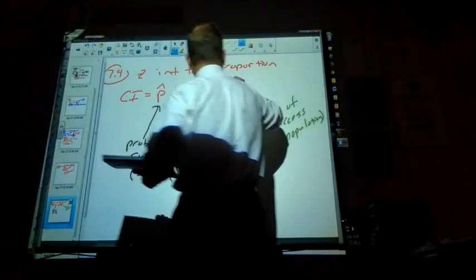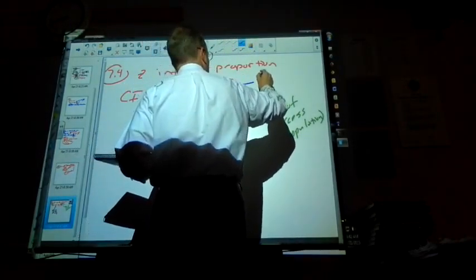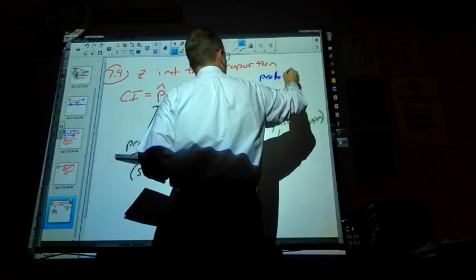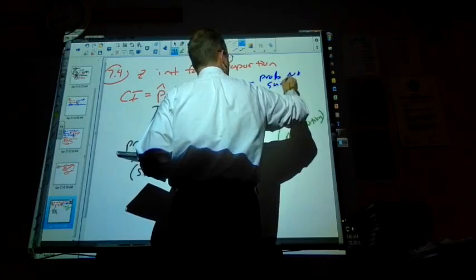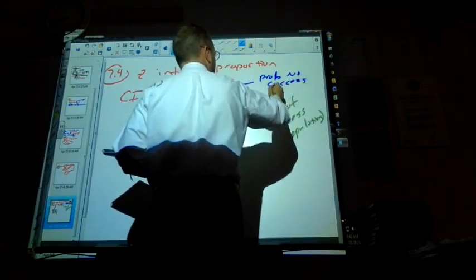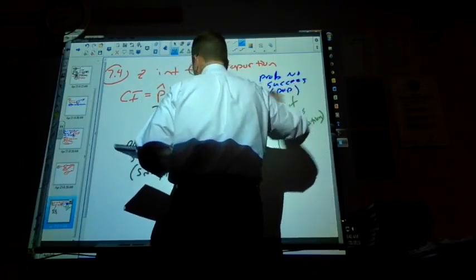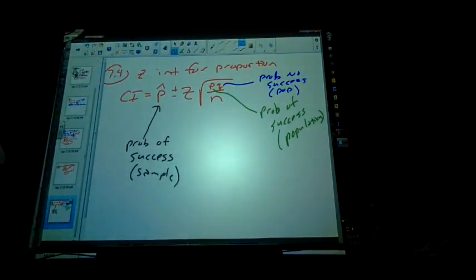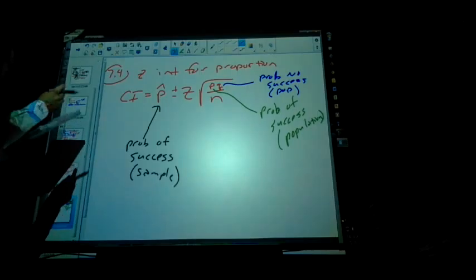And then q is the probability of not success of the population. Okay? And then, you guys know what C is. So N, sample size, we now have that up there.